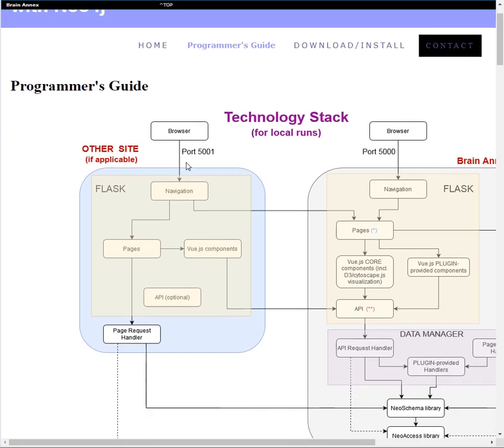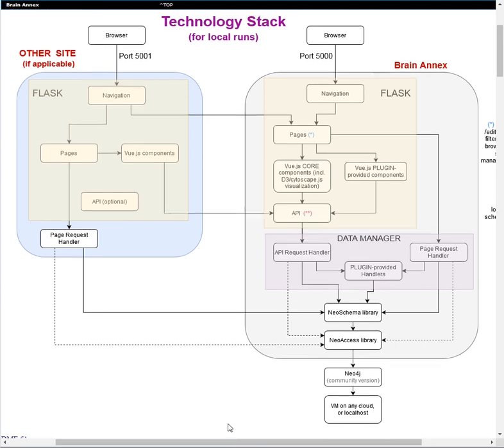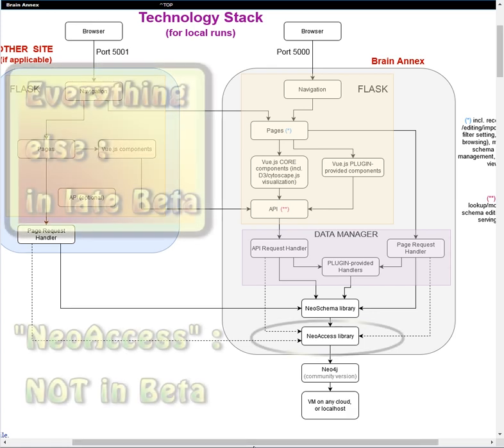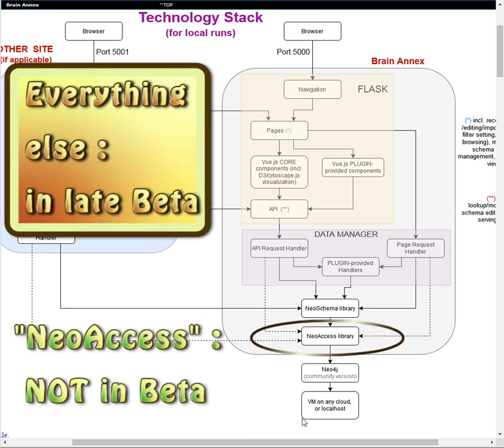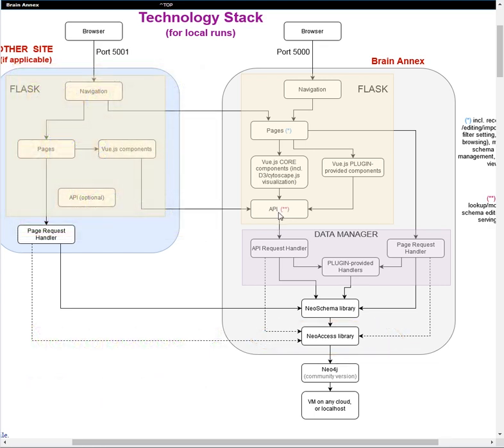This may be a good time to quickly review the overall diagram of the technology stack. That was discussed at length in a previous video, so I won't repeat it here other than just point at the broad elements, namely the Neo4j database, and then some libraries which are of general use, and then a data manager layer that invokes those libraries and provides whatever data is needed by either the API, the web API part, or by Flask page templates to generate pages dynamically.